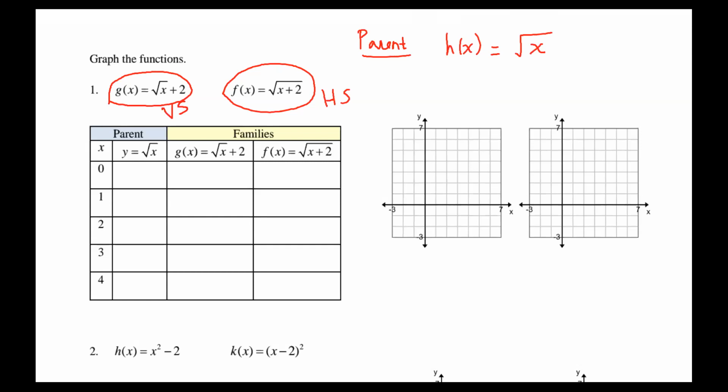So I have to first identify the square root function, which is square root of x. We can graph the square root of x, and then we can graph the other functions. So first we have to graph the parent function.